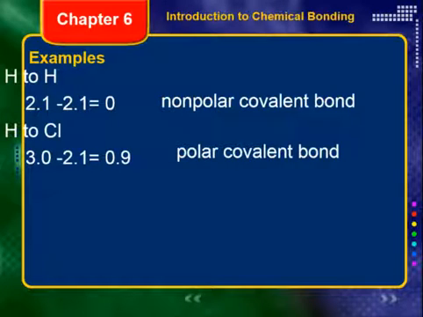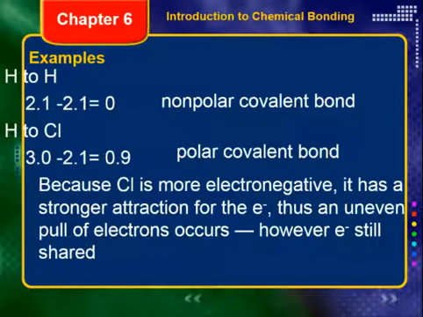Because chlorine is more electronegative in this hydrogen-chlorine bond, it has a stronger attraction for the electrons in the bond. Thus, an uneven, meaning a stronger pull on the electrons. So those electrons are going to lean closer to chlorine. Now, they're still being shared. That's a really important detail.